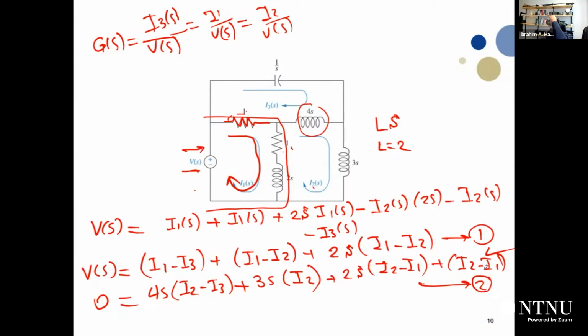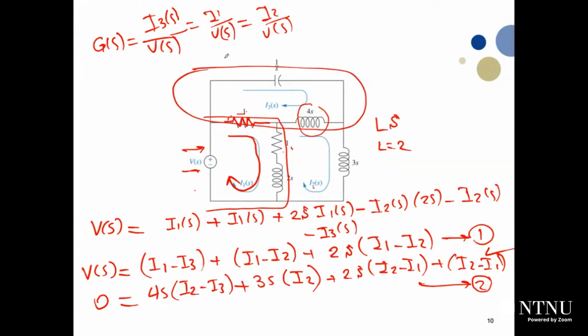What about equation number 3? Can we get someone else to answer? Magnus? Oscar, can you write equation number 3, please? Yes, this is equation number 3, this is loop number 3.